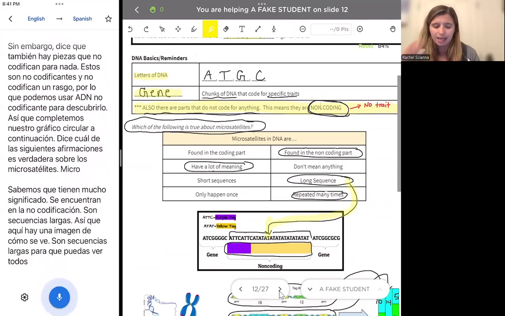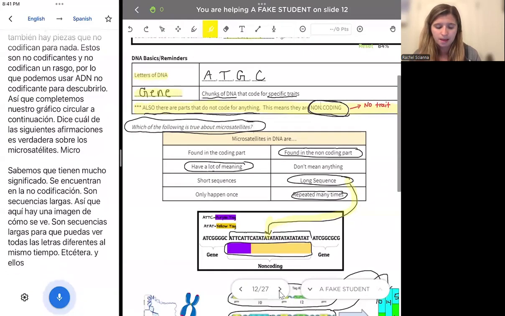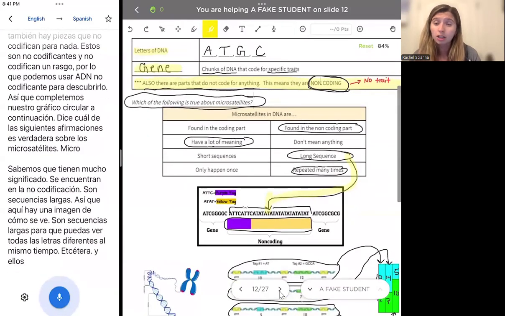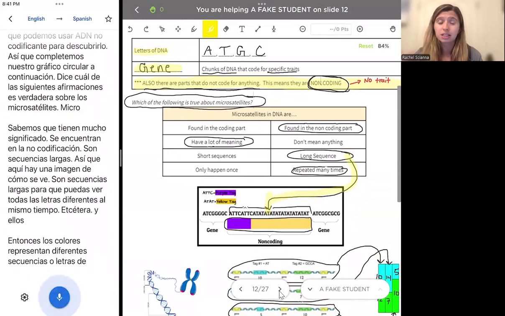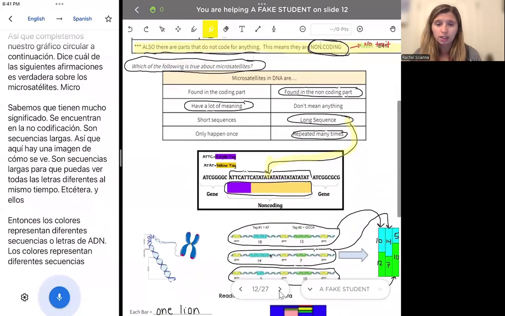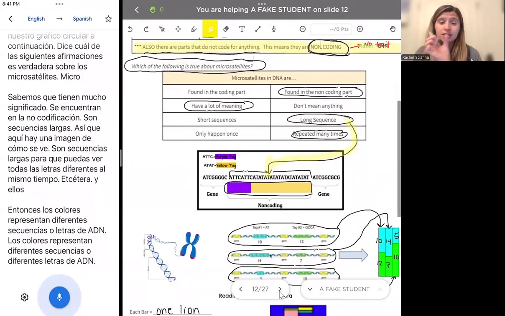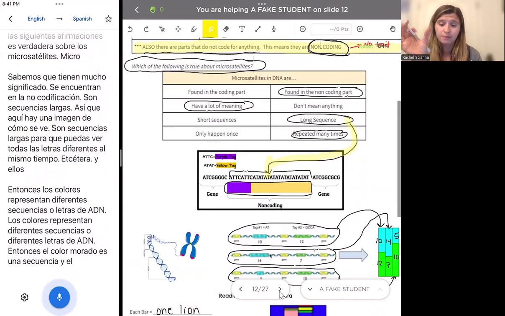A, T, T, C, A, T, C, A, T, and so on. And they are repeated many times. The colors represent different sequences or letters of DNA. So the purple color is one sequence, and the yellow color is the other sequence of DNA.